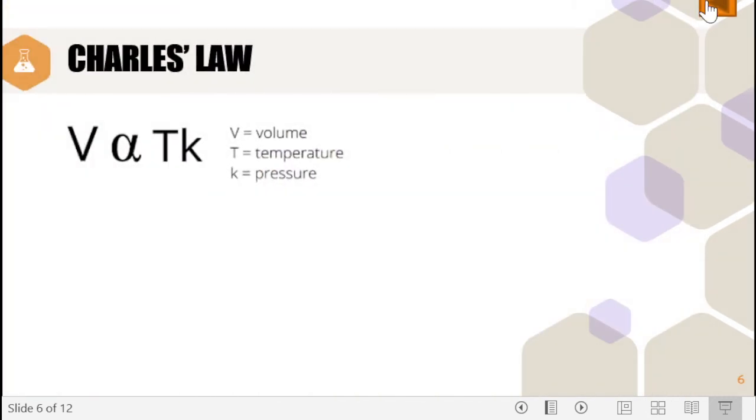Now, let us discuss the relationship between the variables in Charles' law. Volume is directly proportional to temperature. It means that as the temperature increases, the volume of the gas also increases, or vice versa.